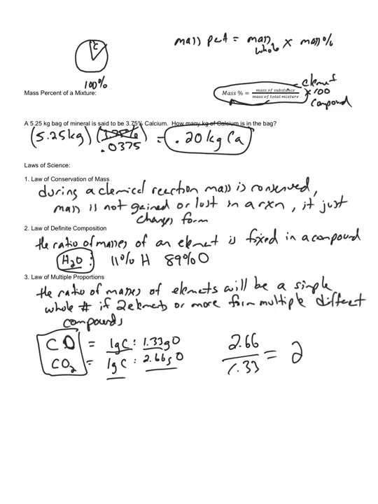It gives me a perfect whole number of 2. And therefore, there is twice as much oxygen in CO2 than CO. And therefore, it's 2 times the oxygens per oxygen in carbon monoxide. We get a fixed whole number when we look at the ratio of masses if two elements can form 2 or more compound ratios. Okay, that's the law of multiple proportions.